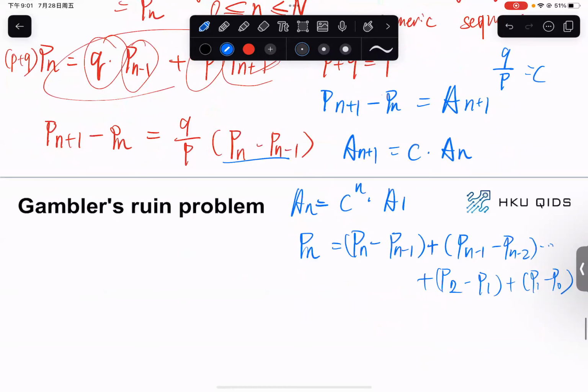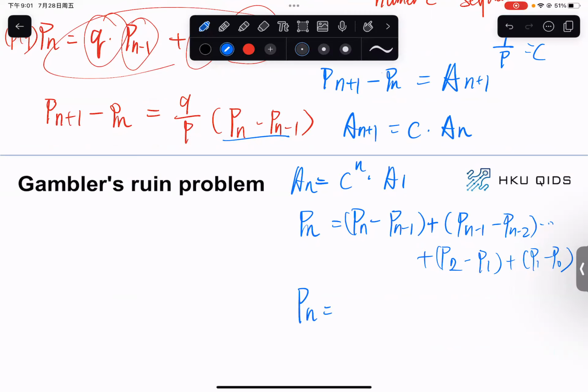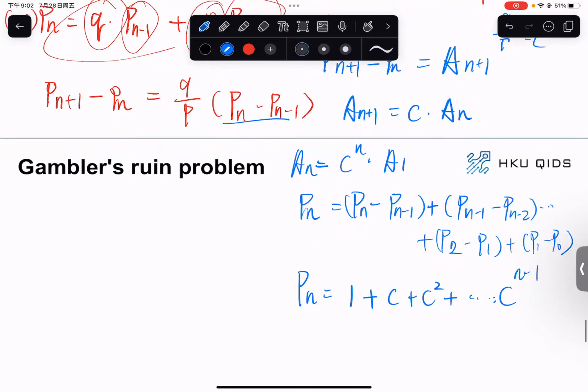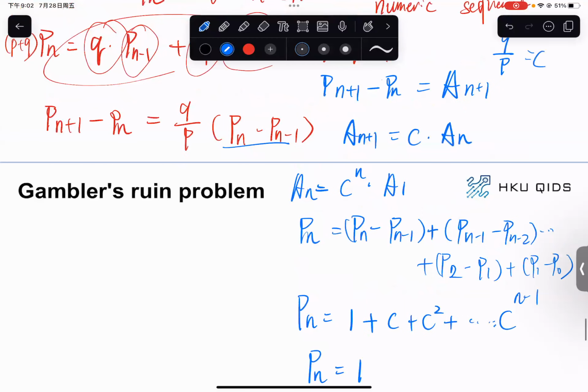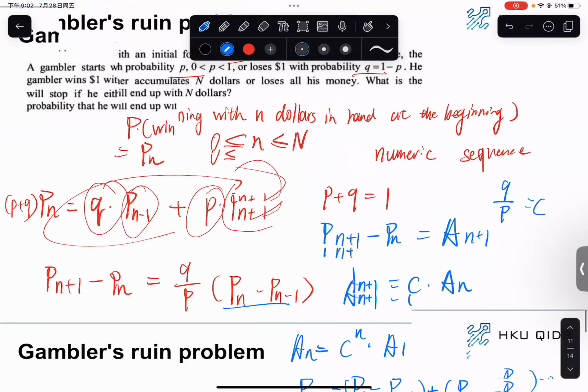And so Pn is actually equal to 1 plus C plus C squared all the way to C to the n minus 1, times P1, right? And Pn is going to be 1, because if we start with $n, then our probability of winning is just 1.